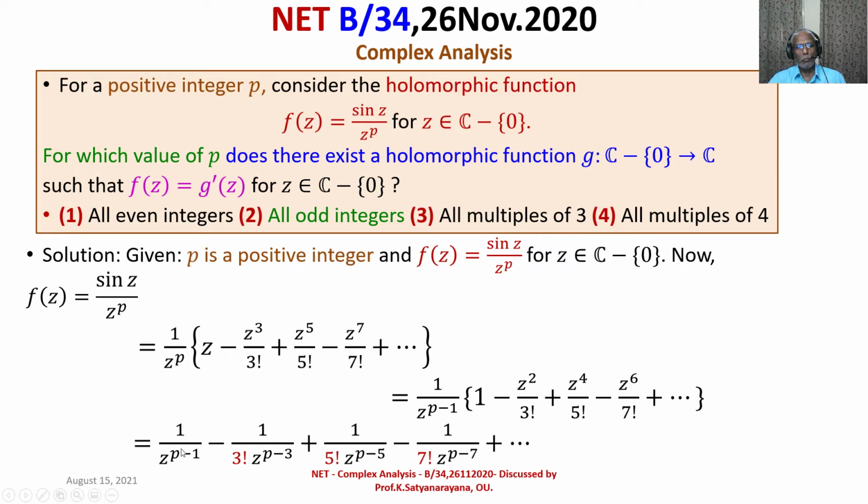That will be equal to 1 by z to the power of p minus 1, minus 1 by 3 factorial z to the power of p minus 3, plus 1 by 5 factorial z to the power of p minus 5, minus 1 by 7 factorial z to the power of p minus 7. So this is your function f of z. We continue in the next slide.